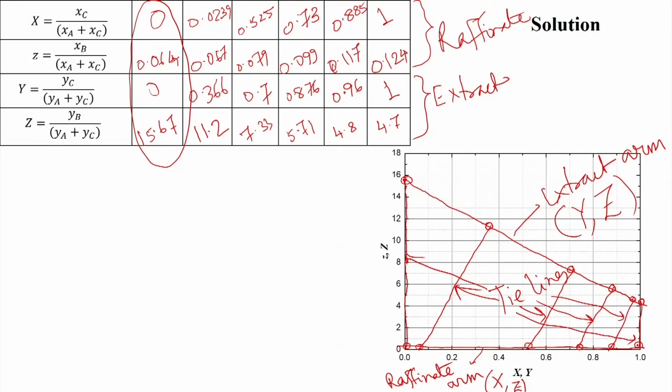Now we have the extract arm and raffinate arm. Using this solvent free basis equilibrium diagram, we will be able to calculate the entire extraction calculation using this Janecke diagram.